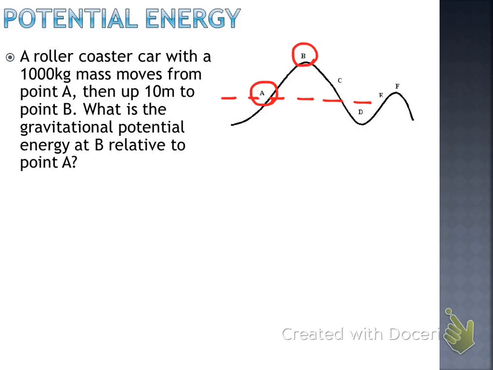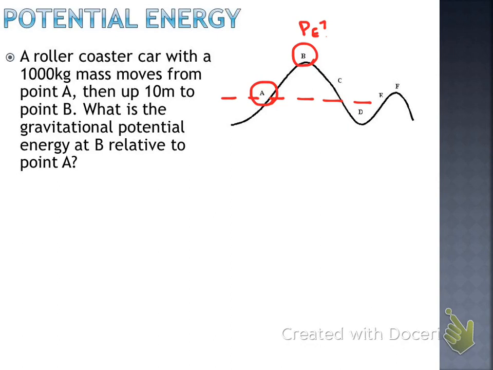Relative to ground A. So if we're starting at A and moving up 10 meters to B, we want to find out what's the potential energy at this point. Okay? So as it climbs from A to B, do you think it's gaining potential energy or losing potential energy? It's gaining because it's getting taller, right? From A to B, it's going to get higher off the ground, which means it's gaining potential energy.